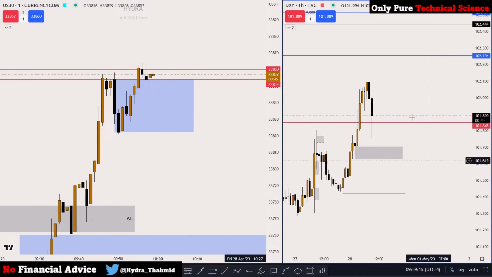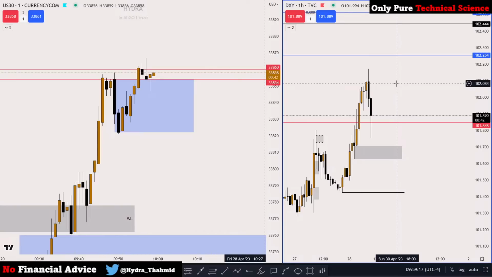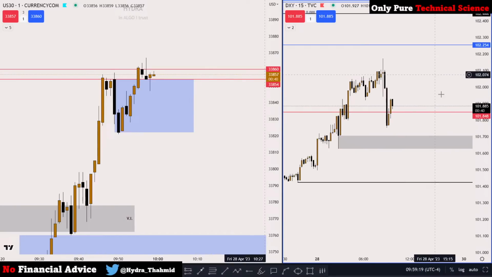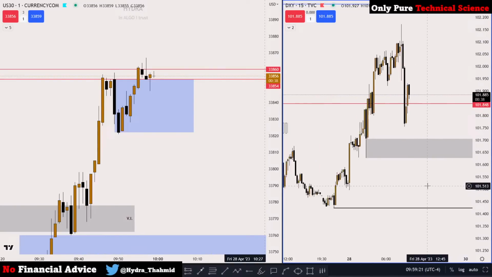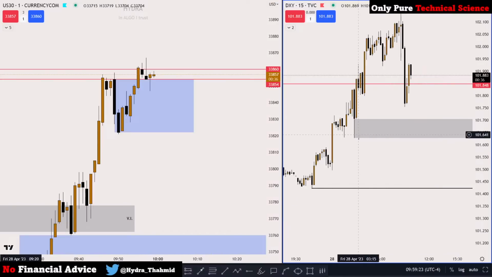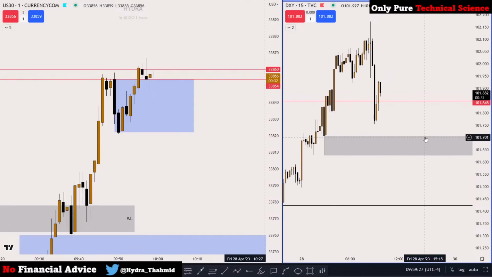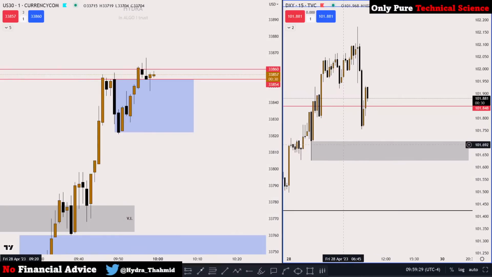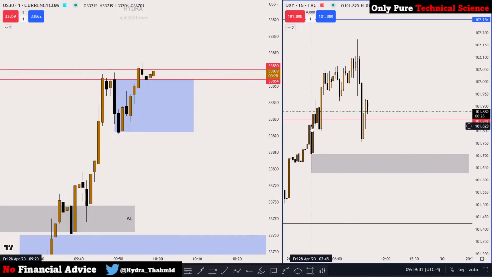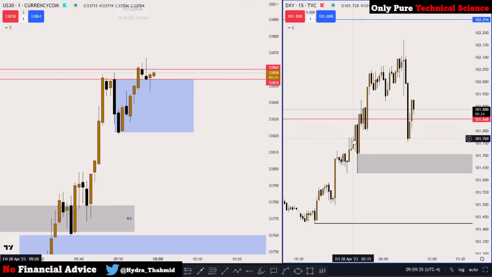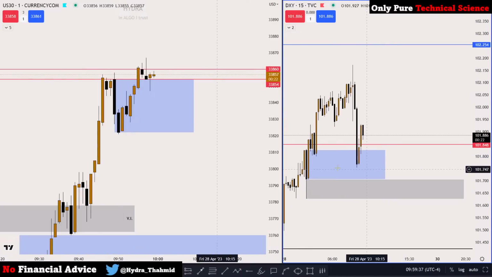Okay, let's talk about dollar. Let's drop down to the 50-minute chart. On dollar, I outlined this rejection block to you, and I told you that I want to see price getting rejected from it, and it didn't come here. It got rejected from this order block here. That's the order block, and you can see how price respected it.